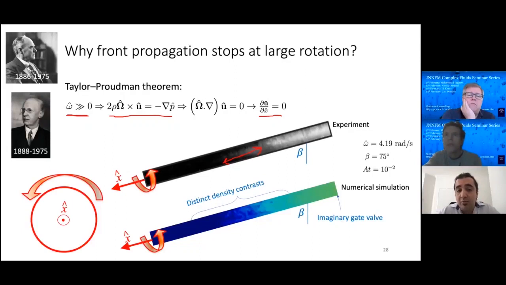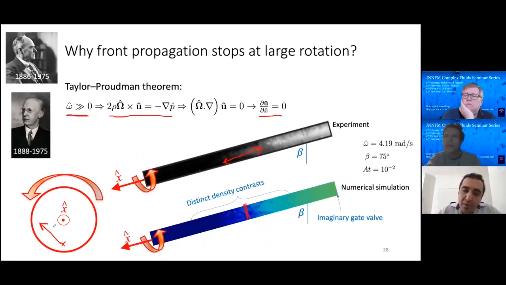Another way to qualitatively and very crudely explain the phenomenon is to look at the cross section, for example somewhere in the mixing zone. In this case, the rotation axis is towards us. Let's assume that a piece of fluid has to move in a certain direction to be regrouped with other pieces of fluid to create a large-scale overturning of the interface.